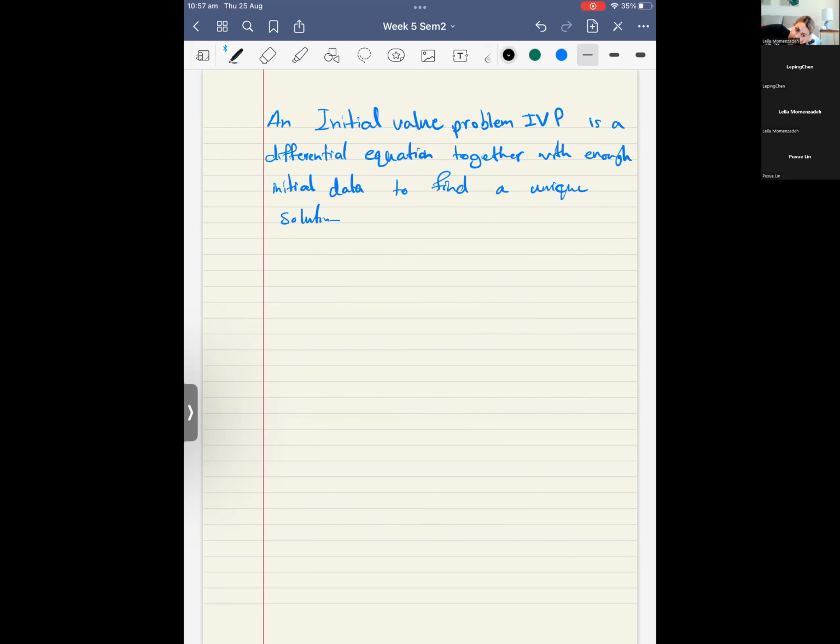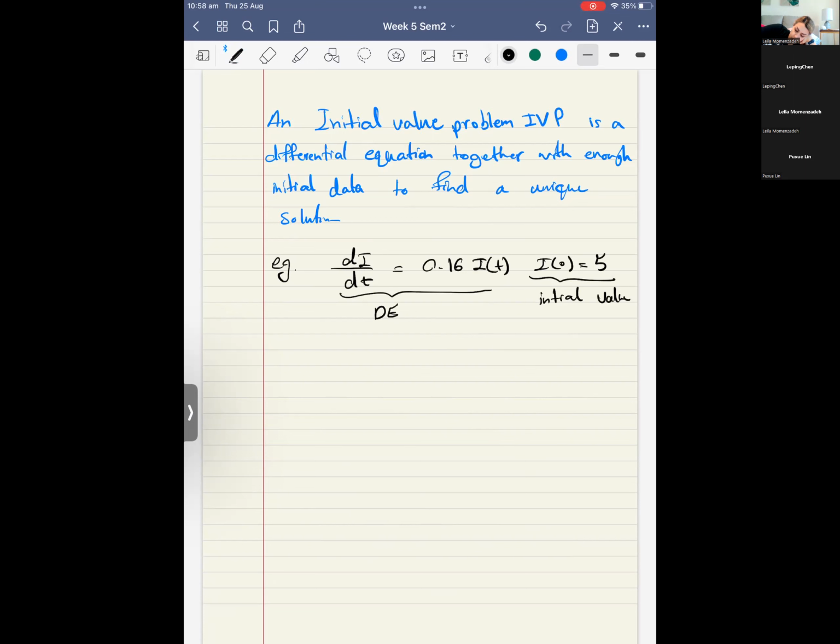For example, dI by dt is equal to 0.16 I, and the initial condition is that at the first time 5 people are sick. It means this one is the initial value, and this one is the differential equation.